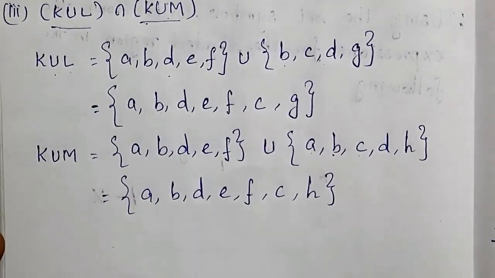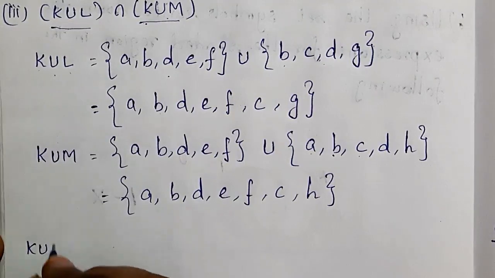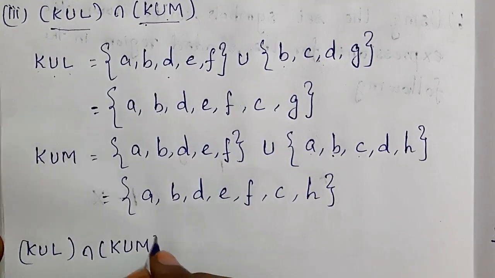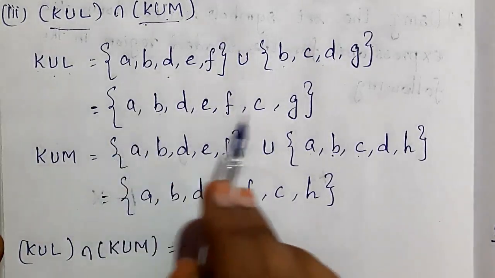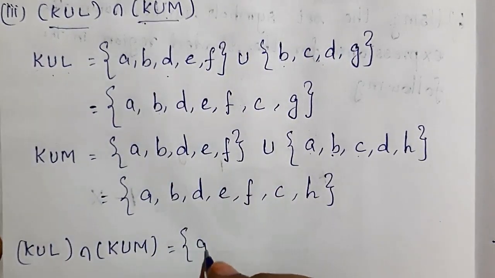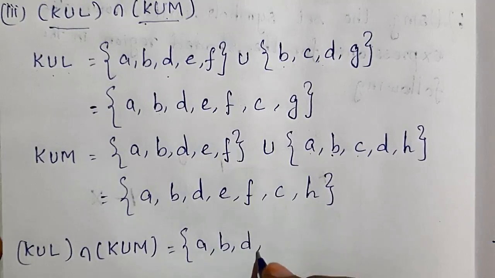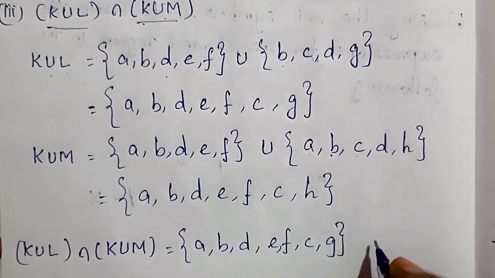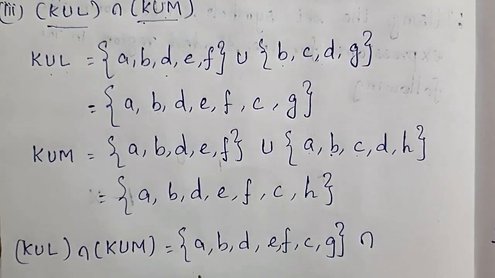Next we do the intersection of both sets. For that, (K union L) intersection (K union M) equals, I will write the first set's elements: a, b, d, e, f, c, g, intersection.